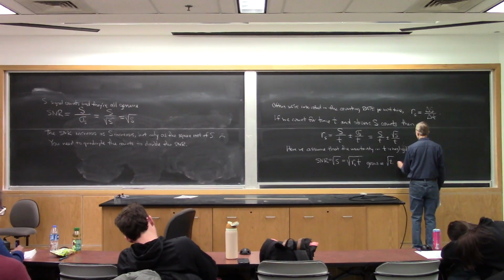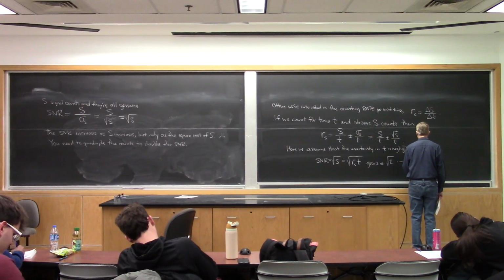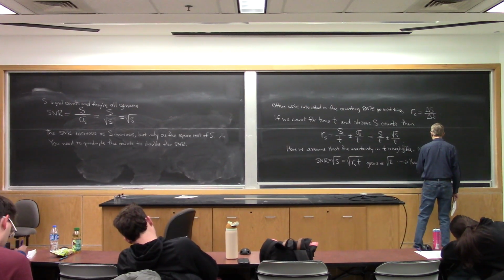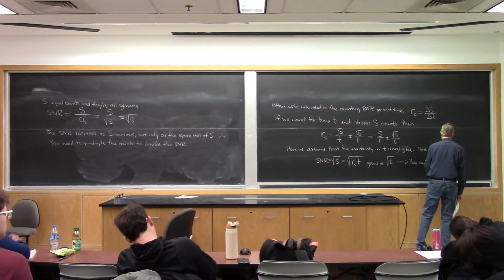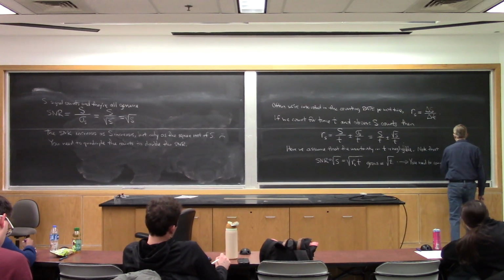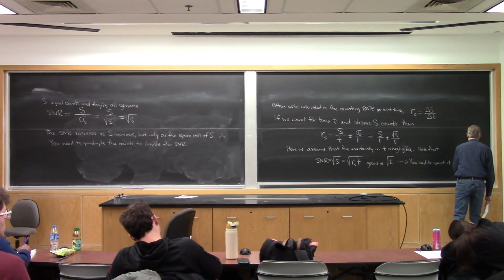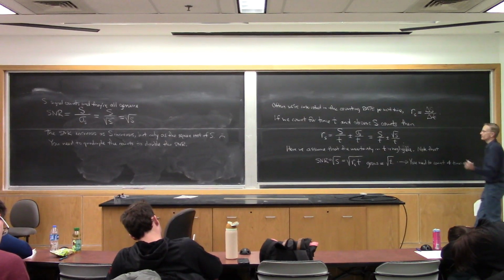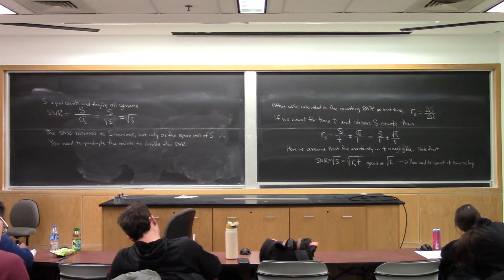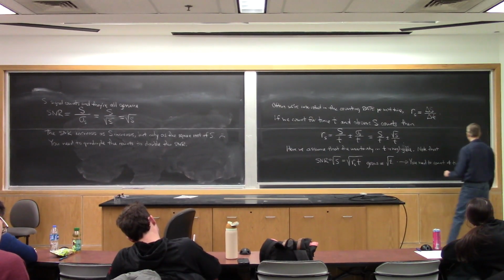In other words, you need to count 4 times as long to double the signal to noise ratio. Or 100 times as long to improve it by 10 times, and so forth.